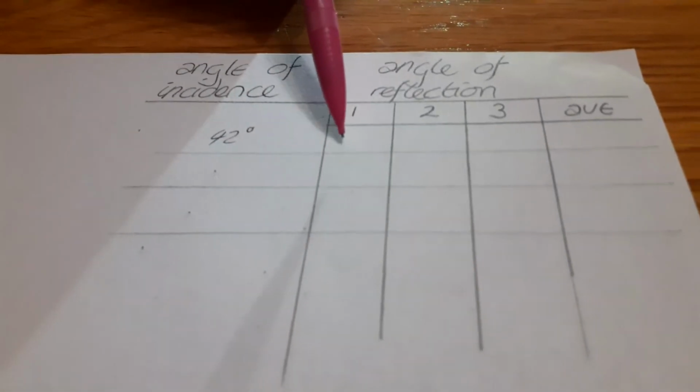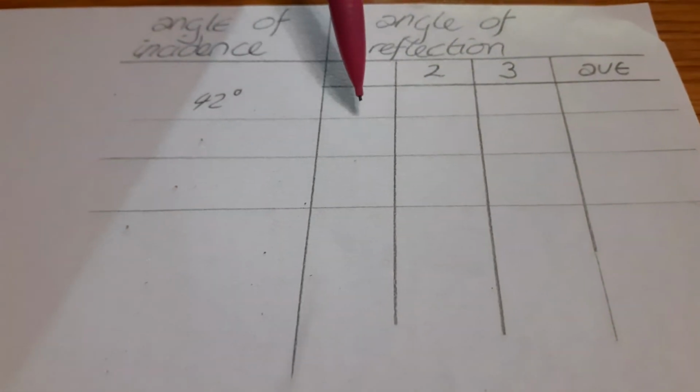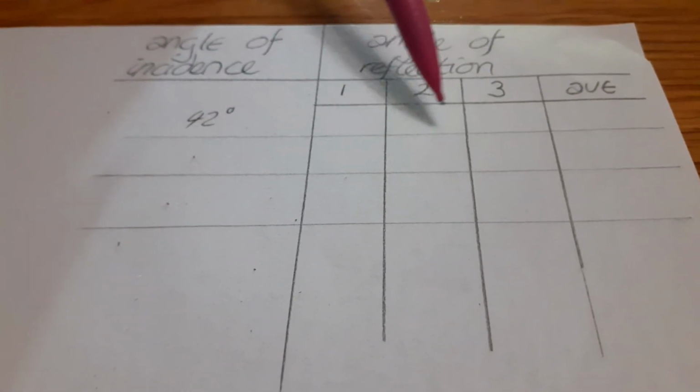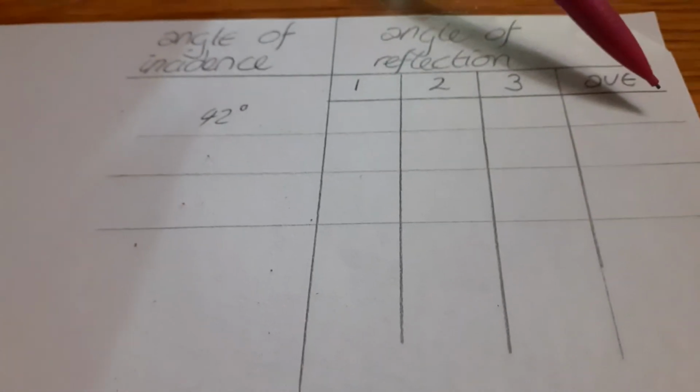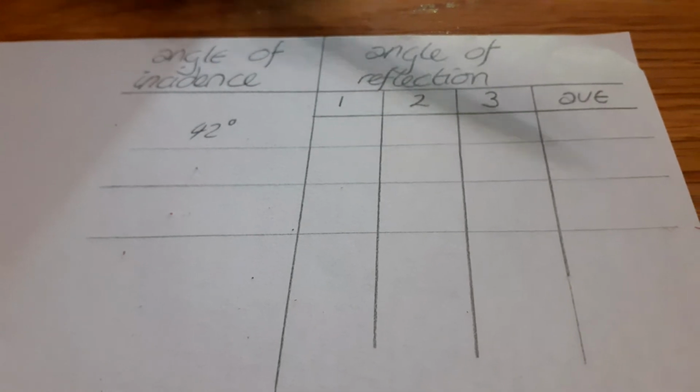So just take a look at the table here, because you're going to need to draw one of these. Okay, and then I'm going to measure my angle of reflection. And then I'm going to do it again. Okay, so I'm going to do it more than once because I need an average.